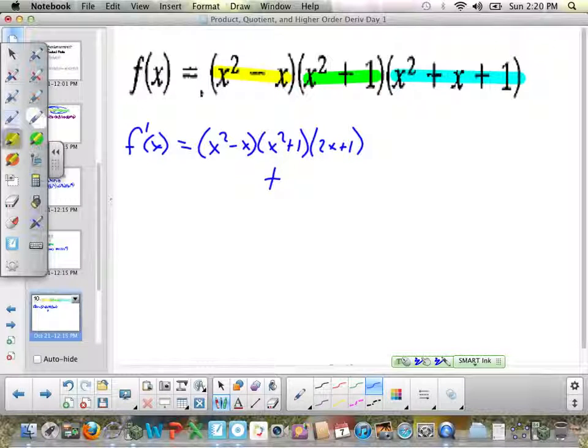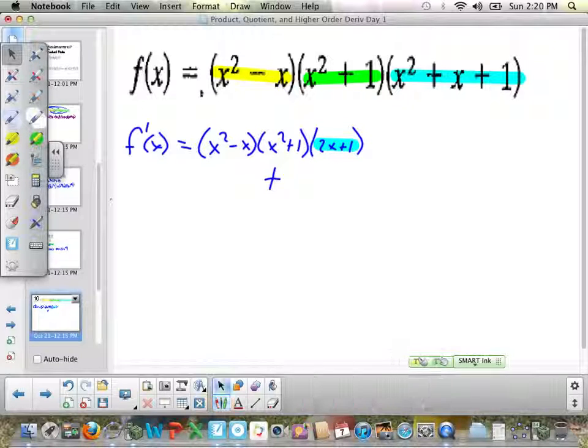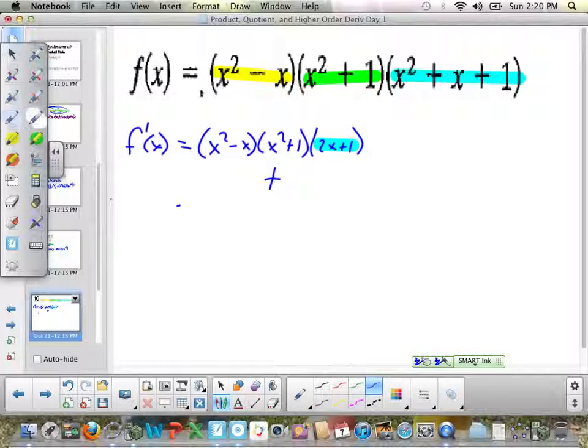So what I did here, I took the derivative of the light blue. On the second step, I'm going to keep the two outside ones. I'm going to take the derivative of the middle one.